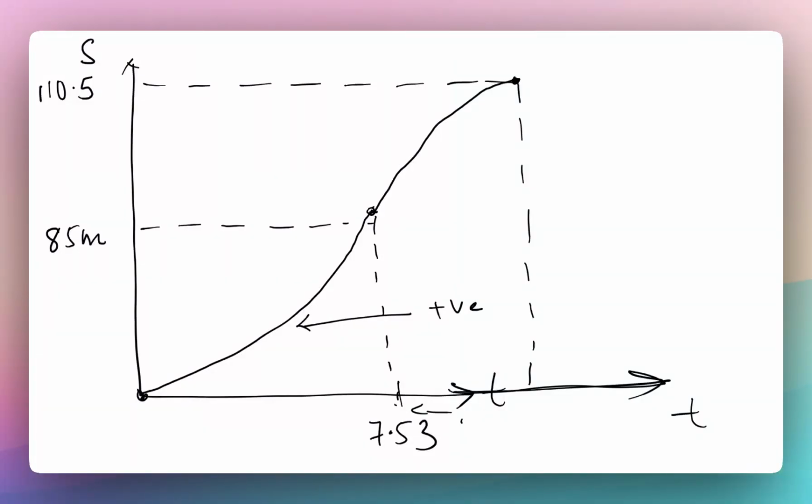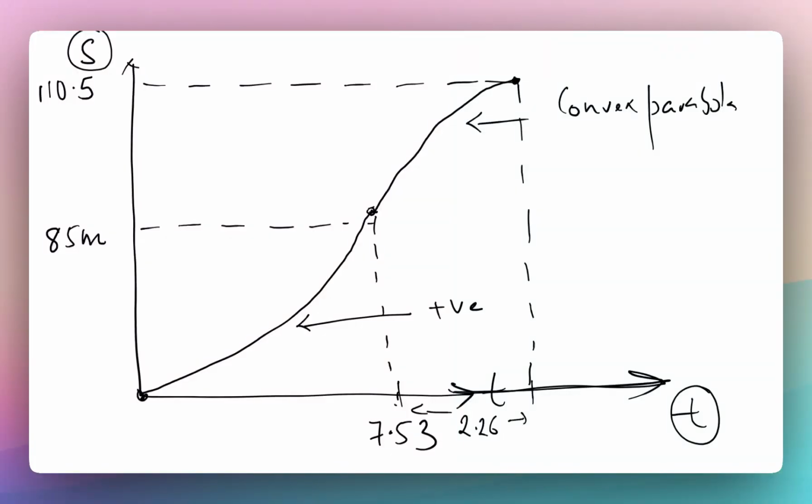So this is 2.26. We can add that up to get the t. And this is how our position time graph will look like, right? Important point. This is a concave parabola, which is positive. This is a convex parabola, which is negative. Okay, showing deceleration.